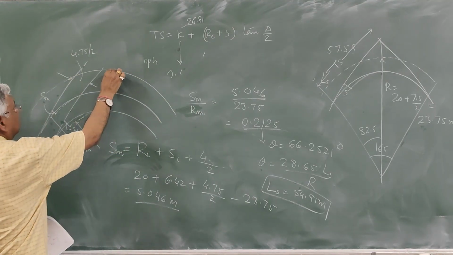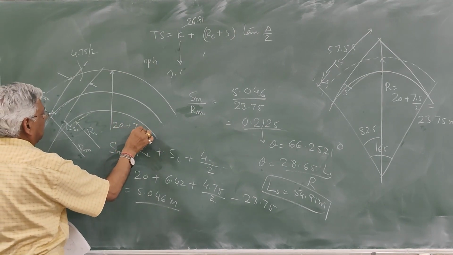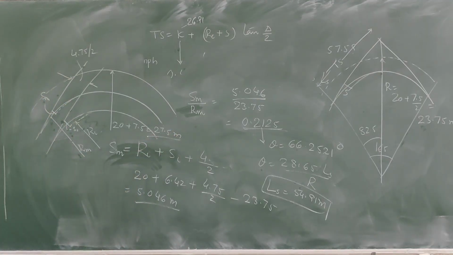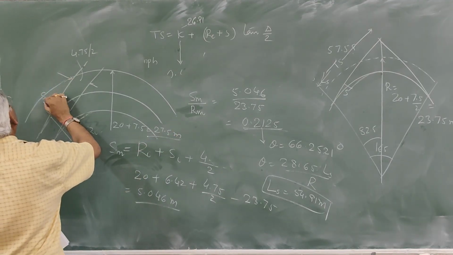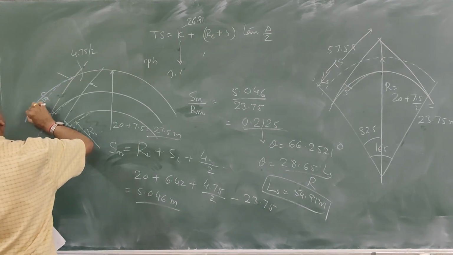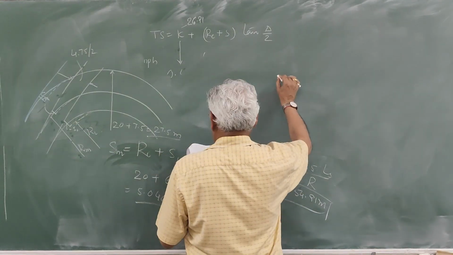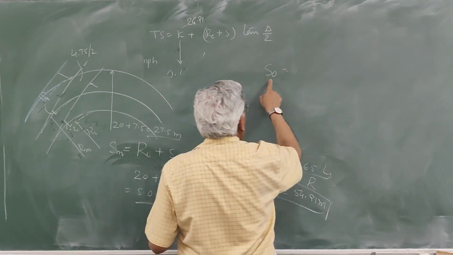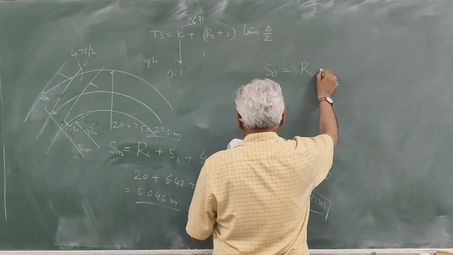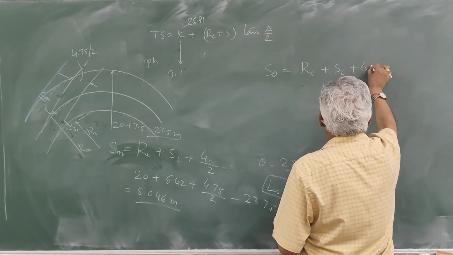Now for outer curve, this radius will be now 20 plus 7.5, 27.5 meter. That is the radius of outer curve. So in the same manner, that is your circular curve, and this is the shift of this. You can find out what is shift. So shift for outer curve is shift of inner curve plus 4.75.